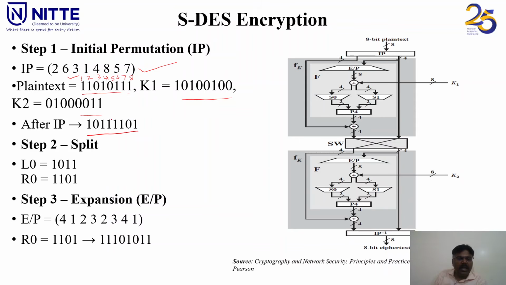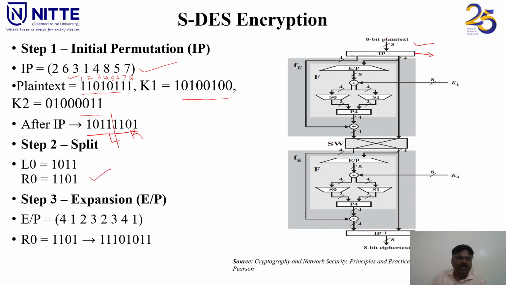Now again I'll go on splitting this. After the initial permutation, I'll split that 8 bit into the left side and the right side. In the block diagram, we can see the very first 8 bit plain text will undergo initial permutation, then afterwards split into two equal halves.